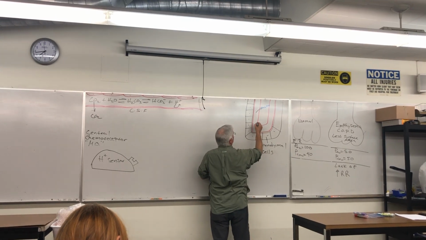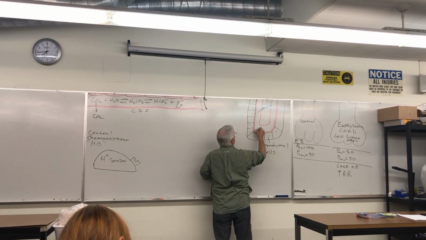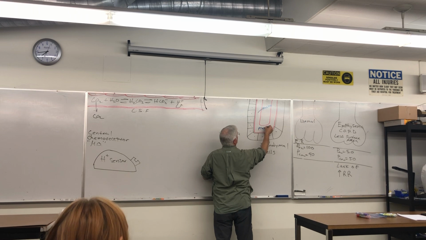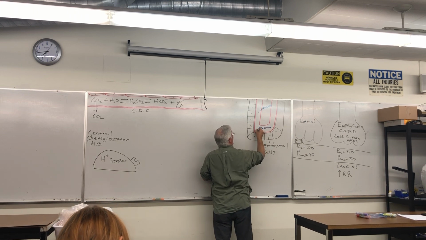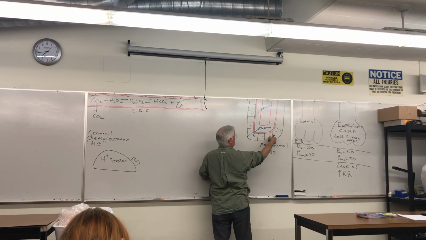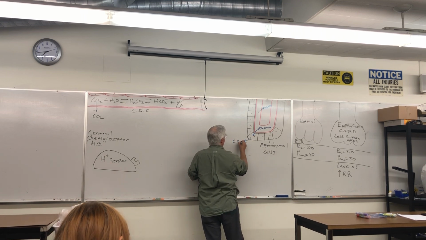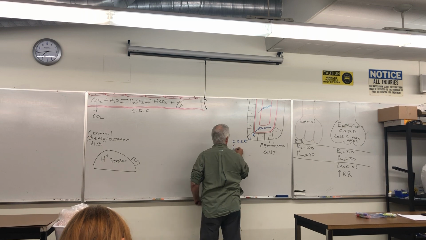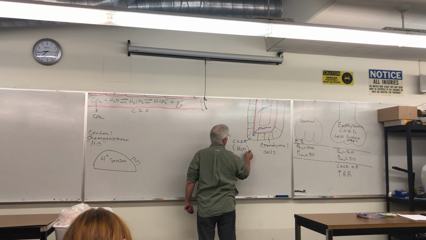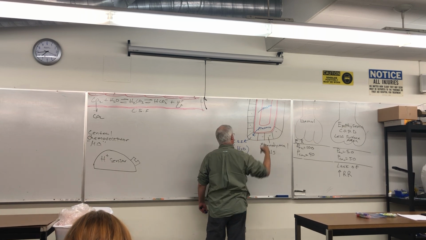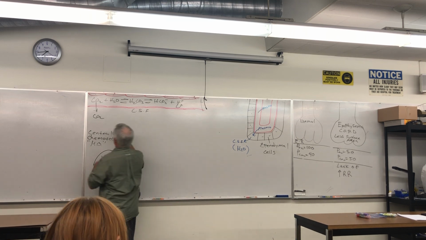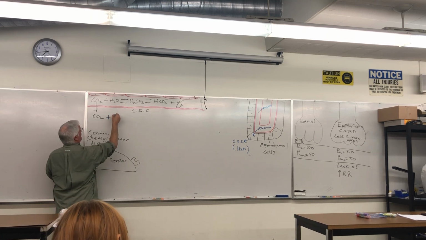And so the plasma can be filtered out of the capillary into the ependymal cell, and out comes CSF, which we know is going to have lots and lots of water because it was made from plasma, and plasma is mainly water. So CSF is mainly water. So there's our H2O.